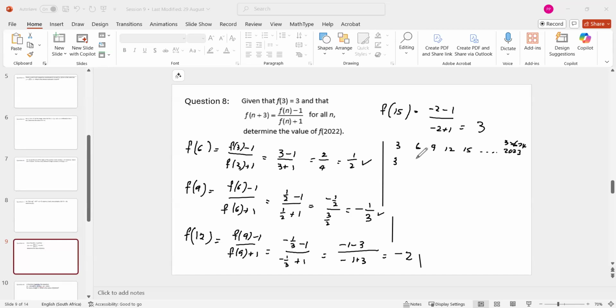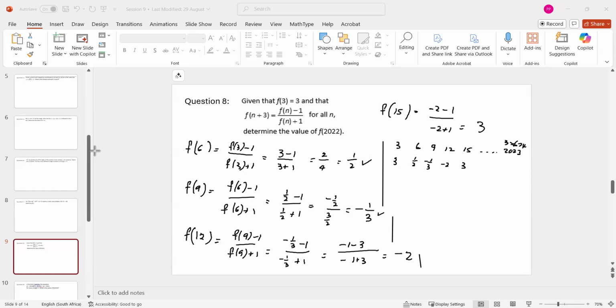So this is 3, and this is a half, and this is -1/3, this is -2, and this is 3. All right, so the 3 and the 15 land up with 3. Let's see what happened. The sequence then becomes the same thing: 3, half, -1/3, -2, 3.